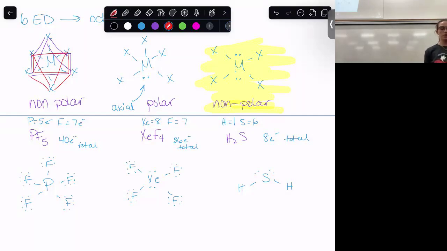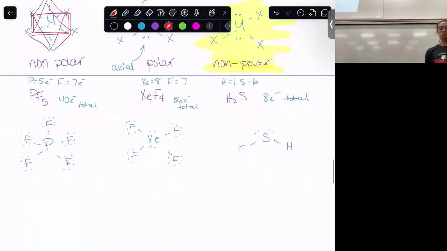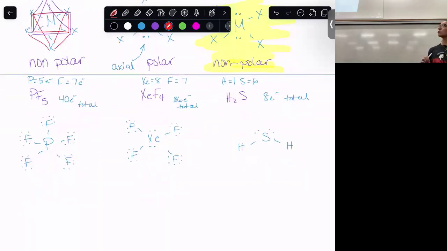And once you have your structure, you can fill in your dipoles. Get the name of the structure, if it's polar or non-polar.